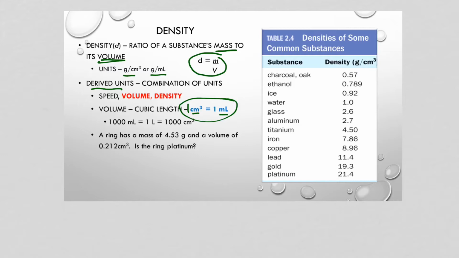So if I have 1,000 milliliters, that is also 1,000 cubic centimeters. We also remember from our metric conversions that 1,000 milliliters would equal 1 liter. Or, if you want to think about it the way the table would have it, 1 milliliter would equal 1 times 10 to the minus third liters.